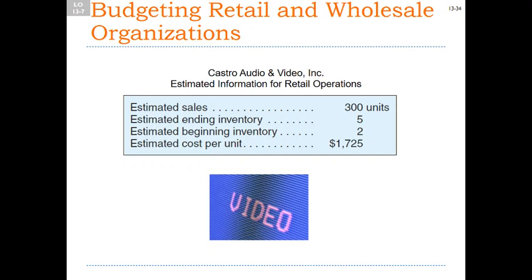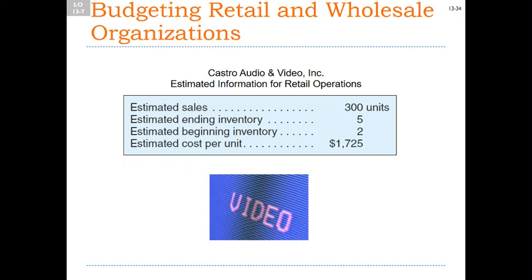So here we have an example of a company. They expect sales, merchandising company, they expect sales of 300 units. They estimate ending inventory of 5 units. Estimated beginning inventory of 2 units. Estimated cost per unit $1,725.